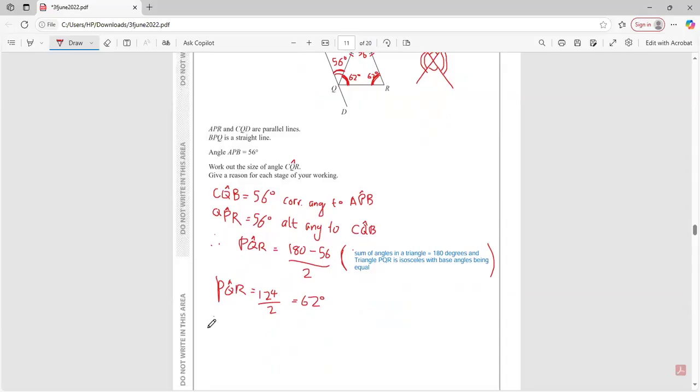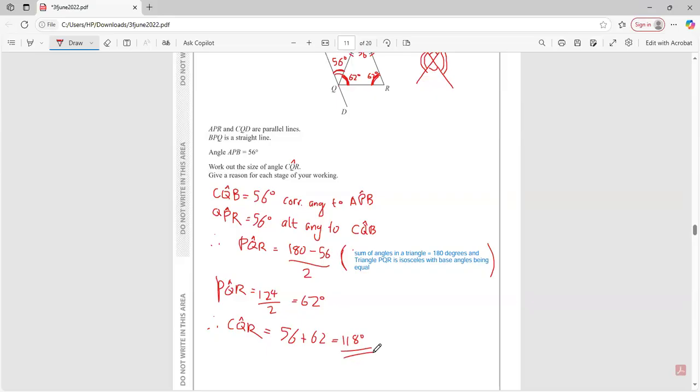So I can now go ahead and say angle CQR will be equal to 56 plus 62. That gives 118, and that's my answer.